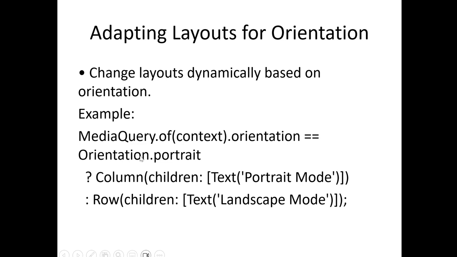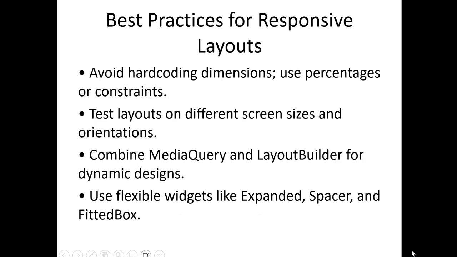If it is equal to Orientation.portrait, then you can use a Column widget in portrait mode, otherwise you can use a Row widget in landscape mode. So the layout changes dynamically based on whether the device is held in portrait or landscape orientation. So this is all about adapting layouts for orientation.